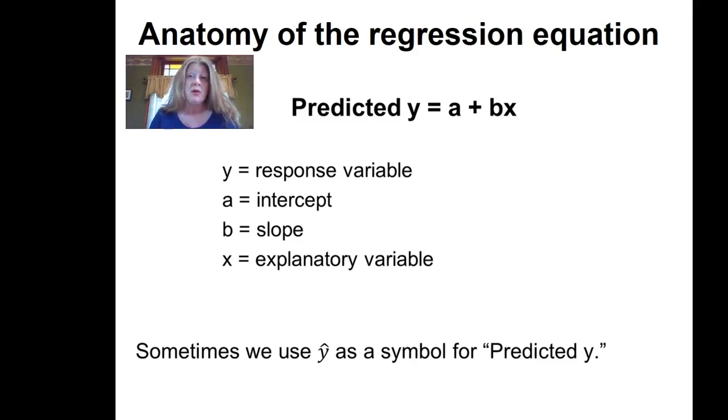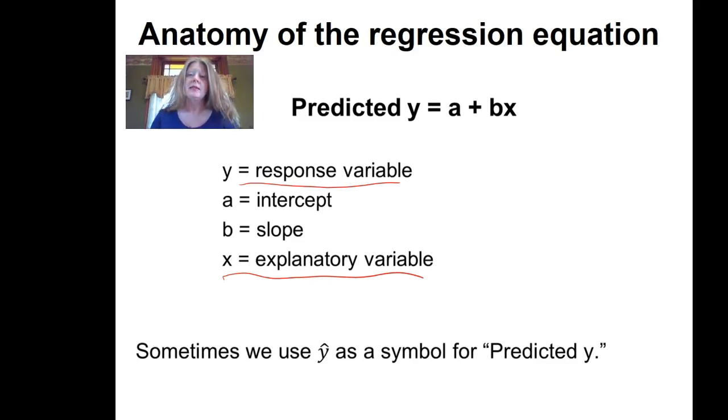In our textbook, we have the basic format of the predicted y equals a plus bx, where y again is our response, a is the intercept in the regression equation, and in a minute we'll talk about what the intercept means and how you would interpret that. b is the slope, and x is the explanatory variable. So again, we're using a particular explanatory variable to help us try to predict a response.